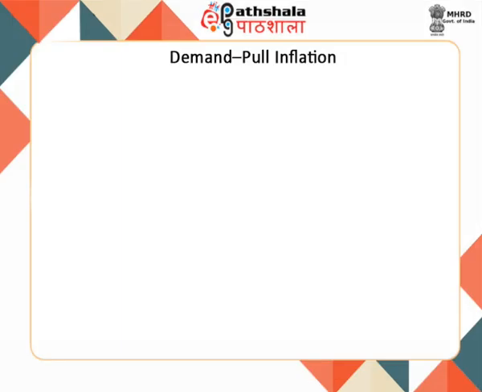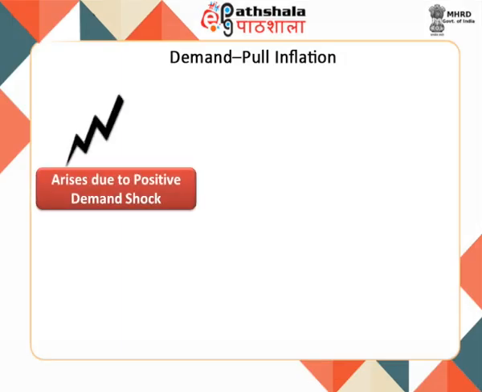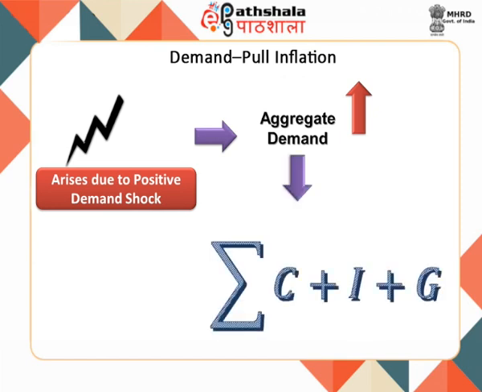Demand pull inflation arises due to positive demand shock in an economy. Due to positive demand shock, aggregate demand of an economy rises. The aggregate demand of an economy is defined as a summation of consumption expenditure, investment expenditure, and government expenditure.